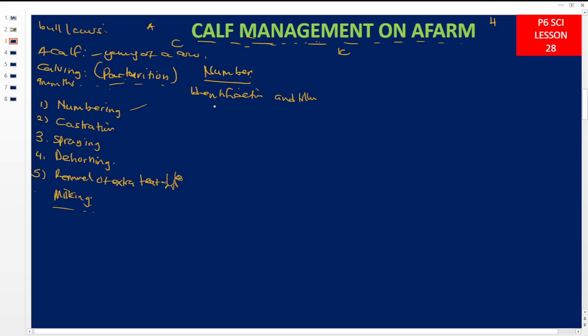Now let us see some methods these farmers use when they are numbering their animals. Remember, this was lesson 29 still. Farmers can number their animals using what we call numberless.